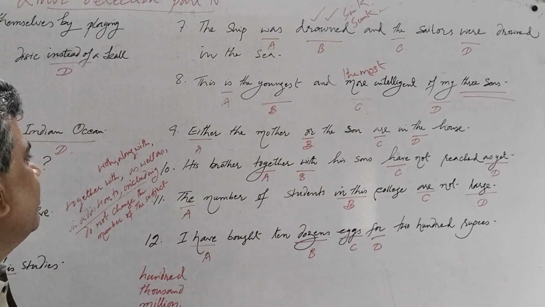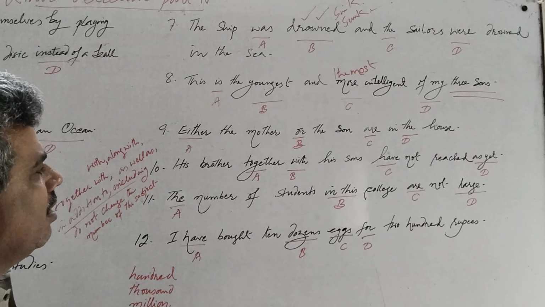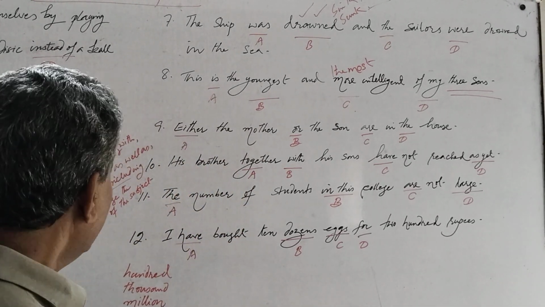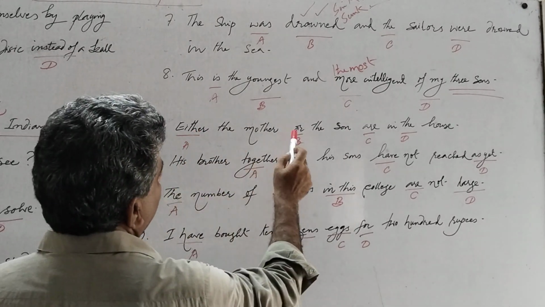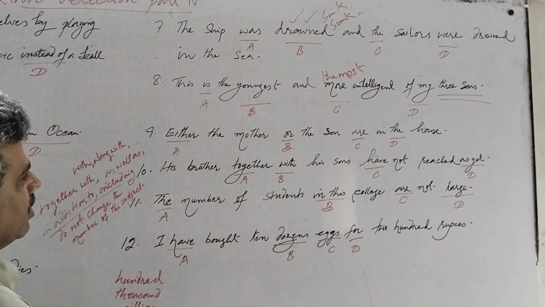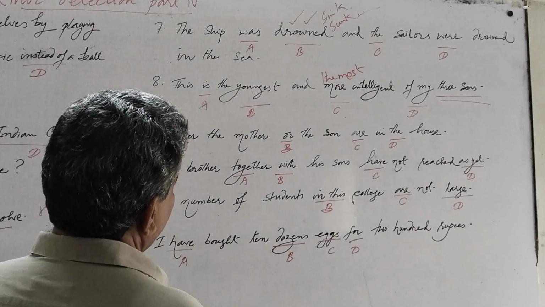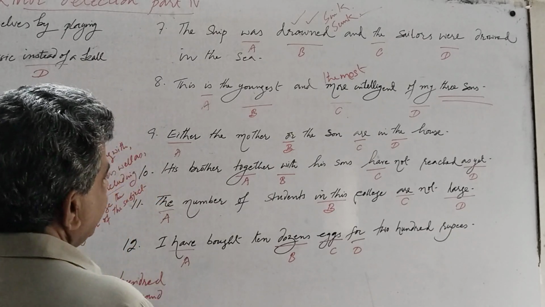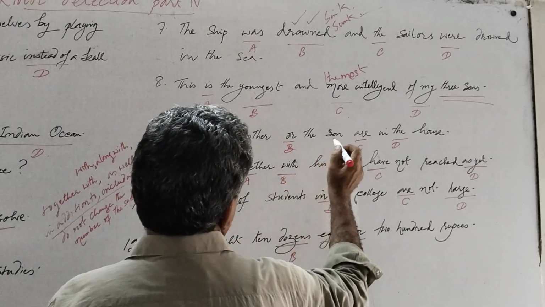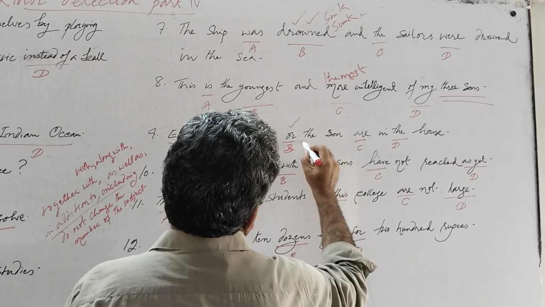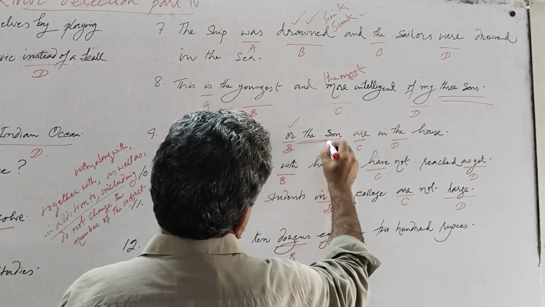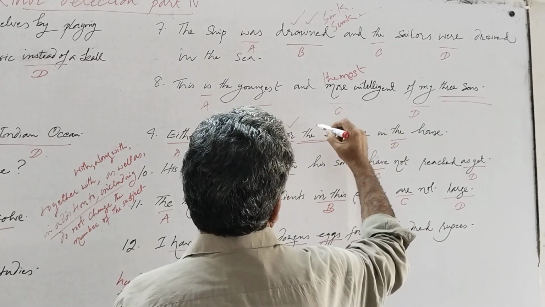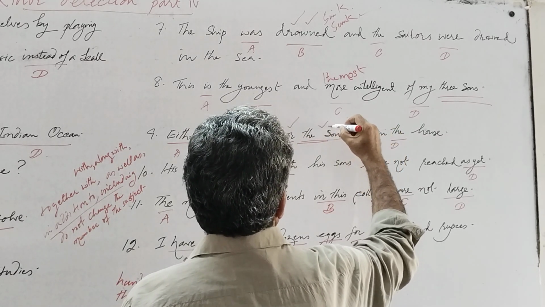Now we have ninth sentence. Either the mother or the son are in the house. We know that either and or are in pair and they are correlative conjunctions. And we also know how to put a verb with that construction. We know that after the word or, any noun or pronoun comes, then the verb should match to the noun here or to the pronoun here.